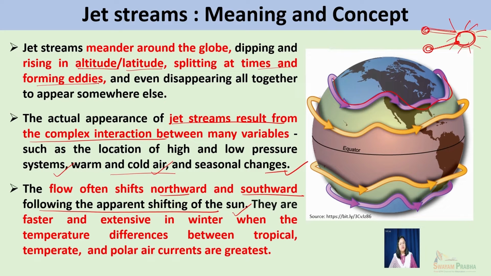And in both these conditions, following the apparent northward and southward movement of the sun, the jet streams also shift northward and southward. They are faster and extensive in winters when the temperature differences between the tropical, temperate, and polar air currents are greatest, and they shrink back to their original regions during the summertime period in both the hemispheres.